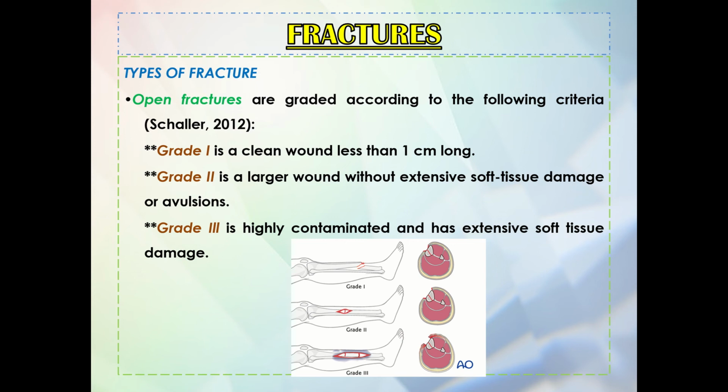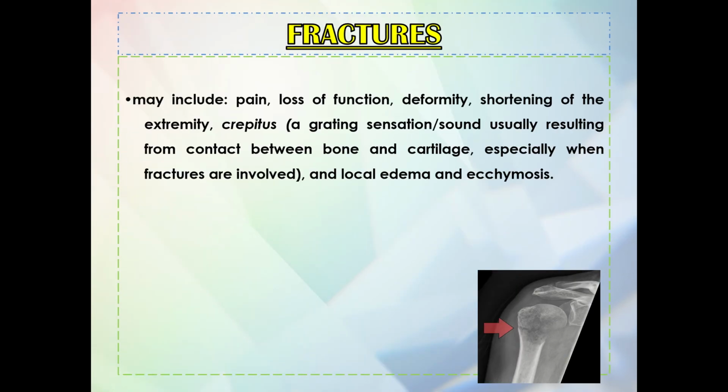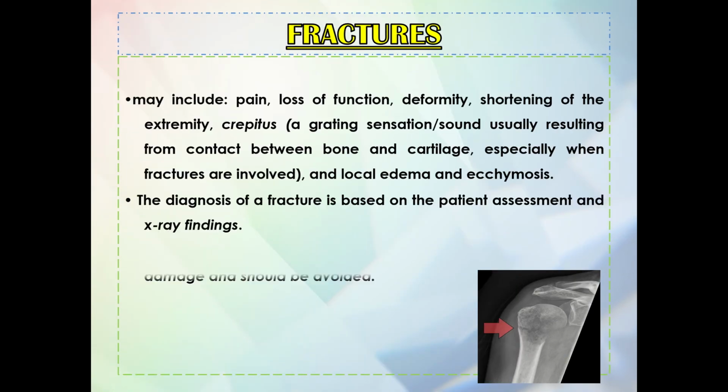So ang pinaka-less pa rin in terms of the open fractures is grade 1 and then yung severe is grade 3. So talagang extensive yung soft tissue damage for grade 3. So those are the gradings for open fracture.